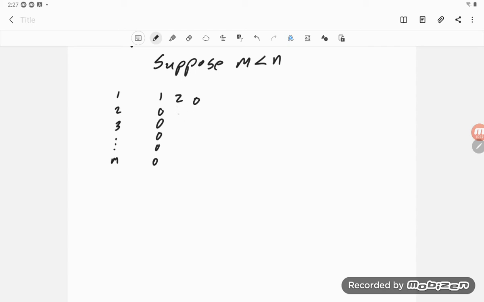And so these would all have to be zeros down to here. And maybe that's a 1 and then zeros down to there, to get my reduced row echelon form.